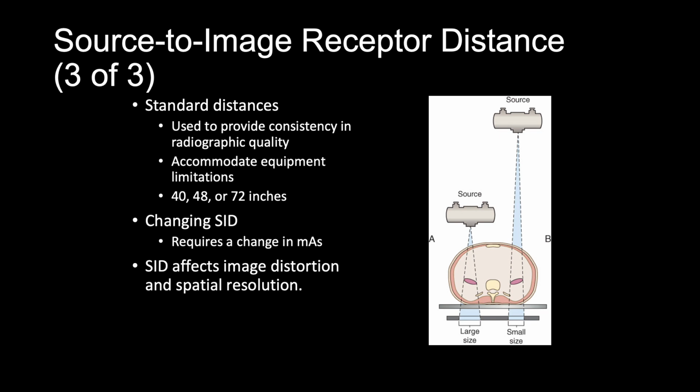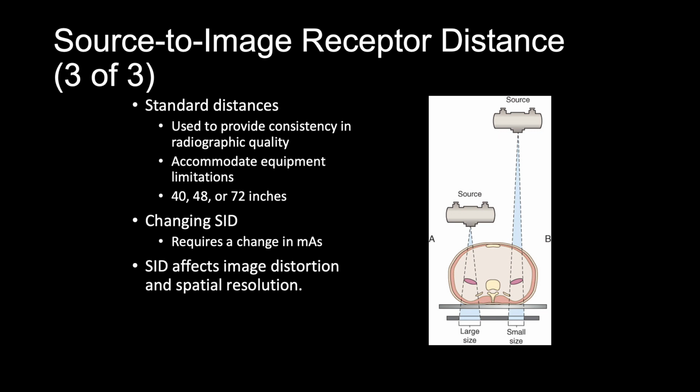When a 72-inch SID cannot be used, adjusting the SID to 56 inches requires half the mAs. When a 40-inch SID cannot be used, adjusting the SID to 56 inches requires twice the mAs. This quick method of calculating mAs changes should produce sufficient exposure to the IR.